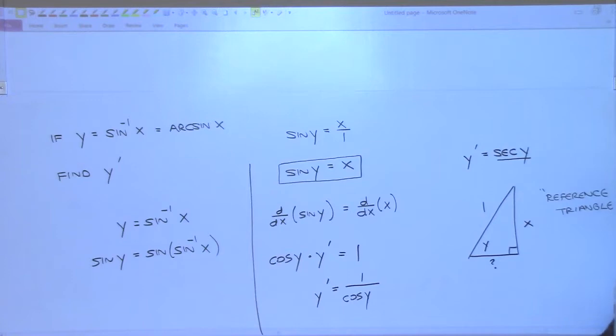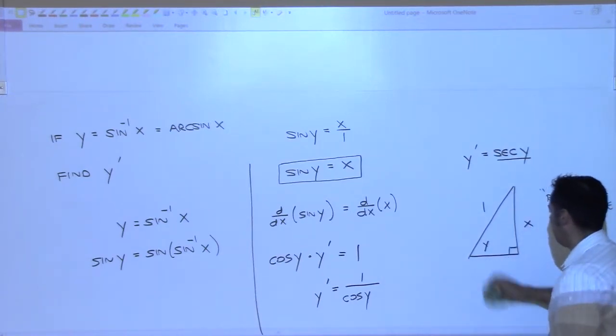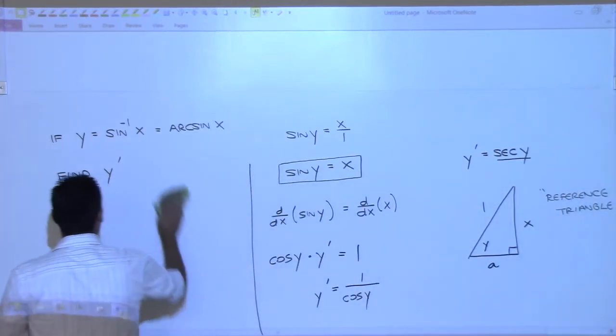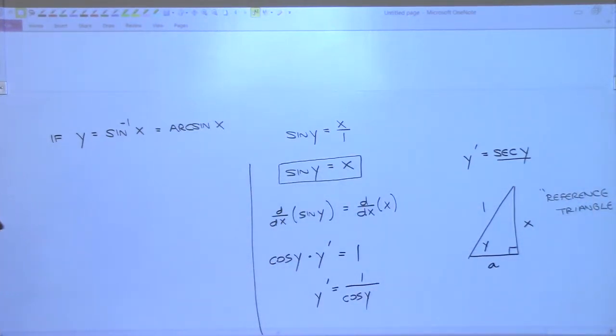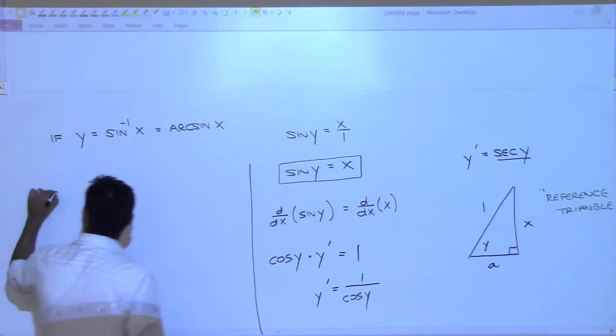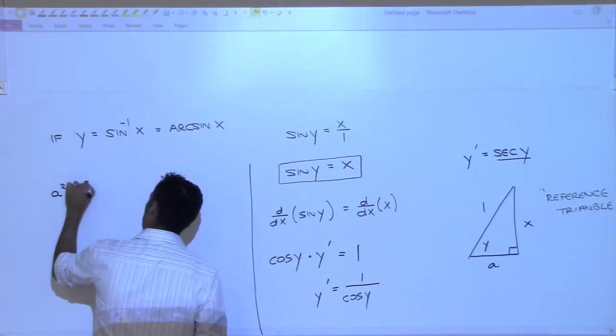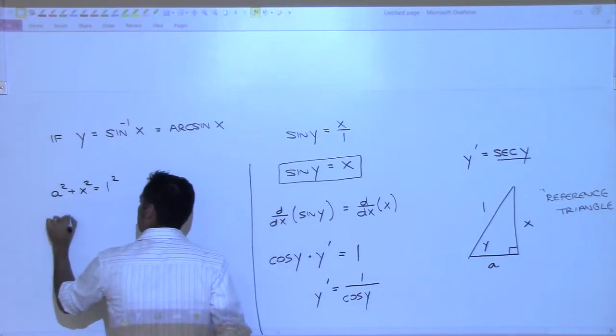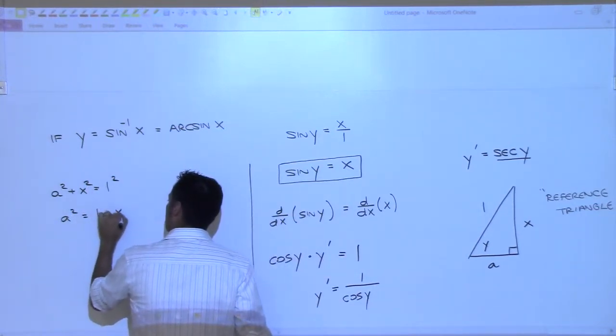So can you tell me what that side is? Yes, you can. Let's call that side A for now. So what can you tell me about A? Can you solve for A somehow? Yeah, you could go A squared plus x squared is 1 squared, Pythagorean. And then A squared is 1 minus x squared.